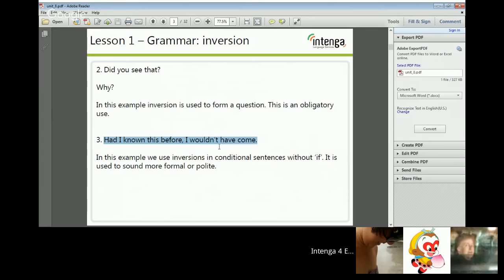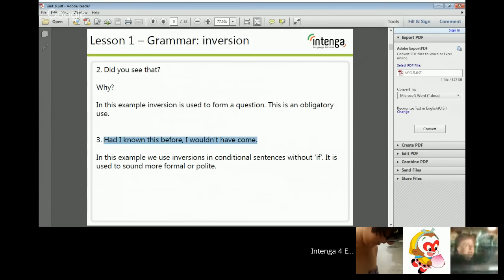This has to be a mix actually of the second and third conditional. So we're using the conditional without if. And we're saying, had I known, and if I say, if I had known this before, I wouldn't have come. Actually, I'm sorry, this is the third conditional. I forgot about the last verb here, I wouldn't have come. So this is the third conditional.